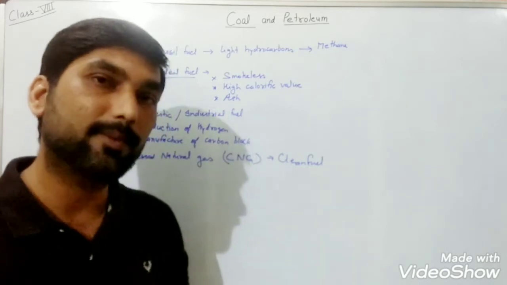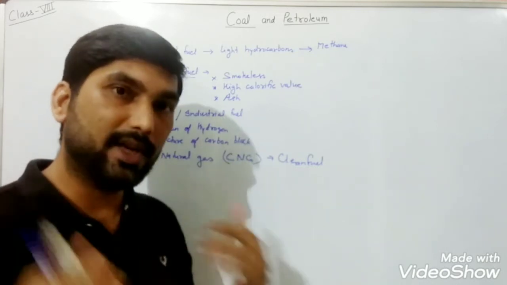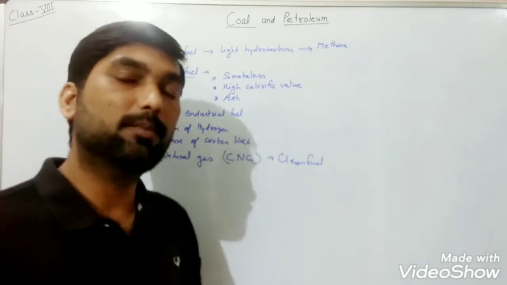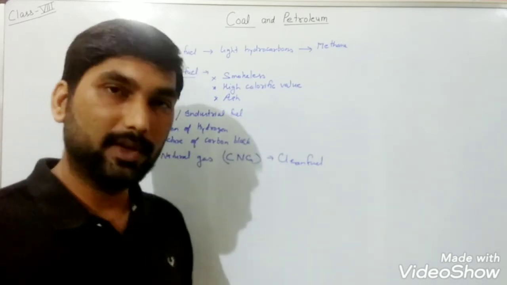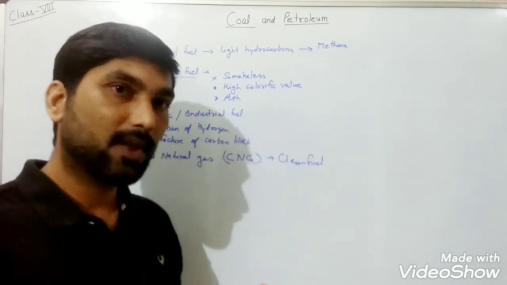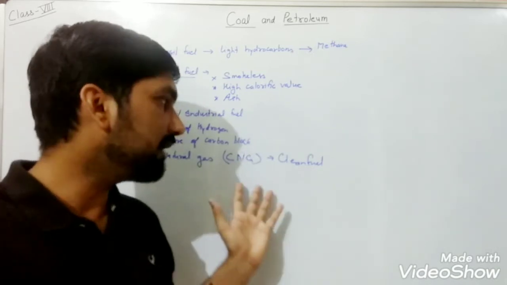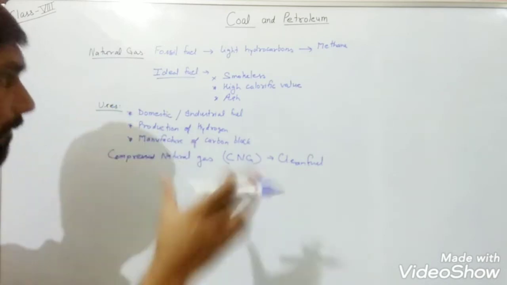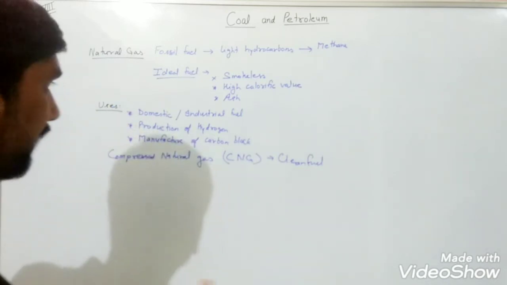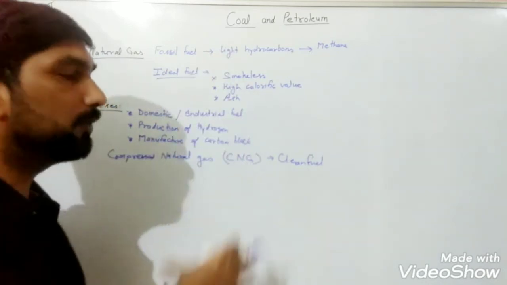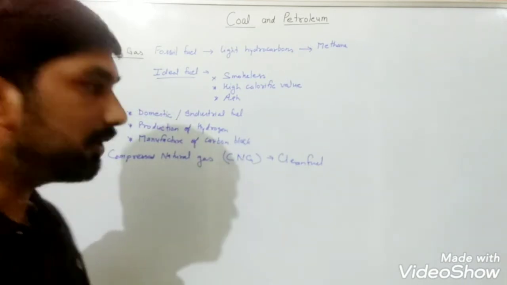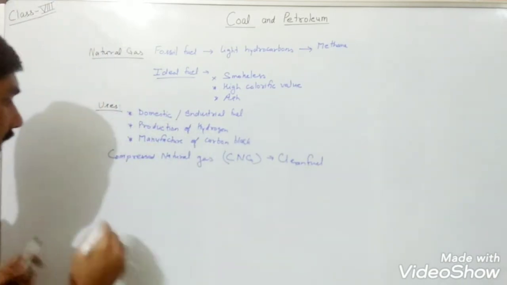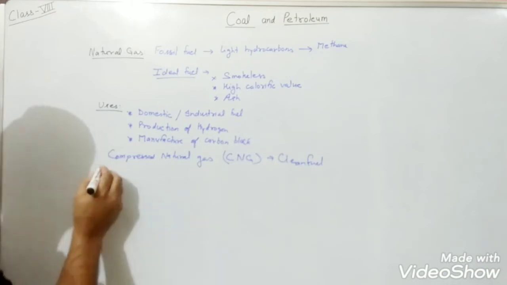in your surroundings that the government is trying to release more and more automobiles, means vehicles, which can run on CNG, compressed natural gas. Now we will discuss what will be the consequences of using these fossil fuels extensively without thinking what can be done or what will happen in future.